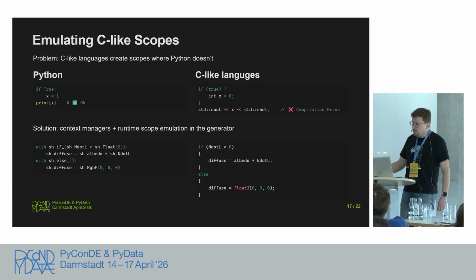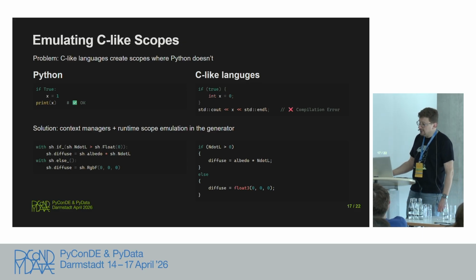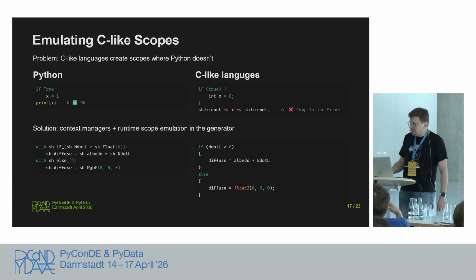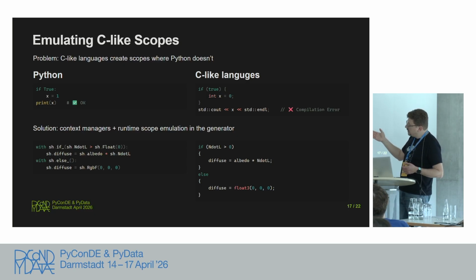Then another big one is emulating C-like scopes, and I kind of covered it already. Because the shader knows when the scope is closing, we can track that a variable goes out of scope. To implement it in our EDSL, we're using context managers, the with statement.